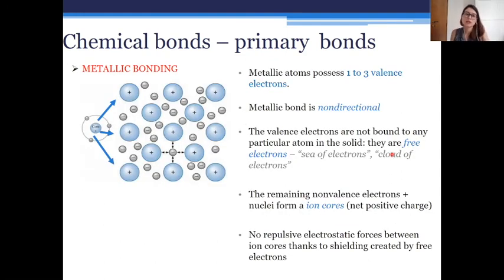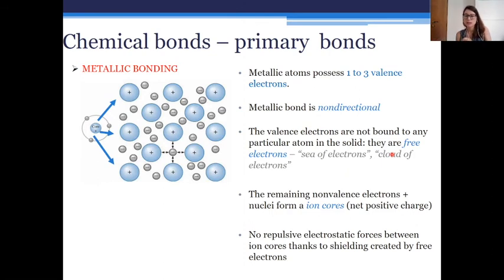So then we can introduce metallic bonding. Let's remember that metallic atoms possess 1, 2, or 3 valence electrons. These valence electrons become not bound anymore to any particular atom in the solid.